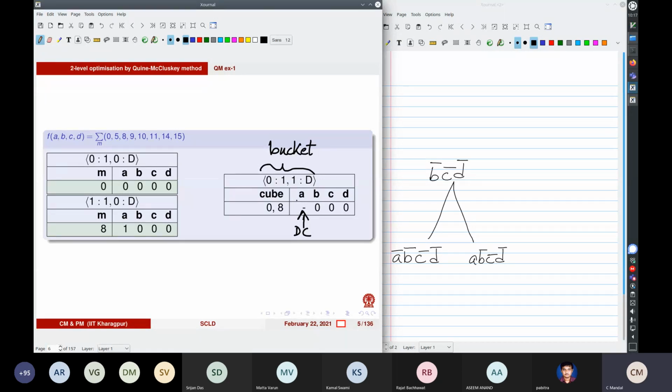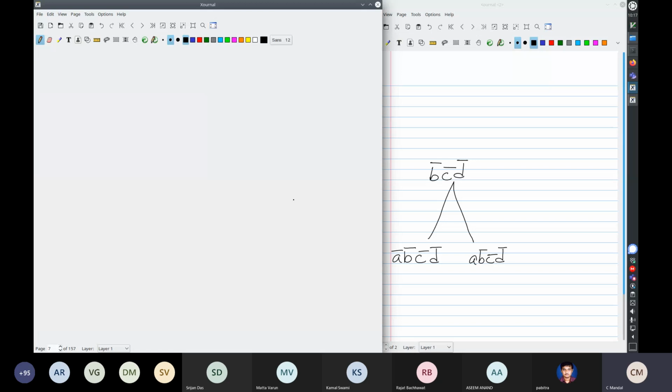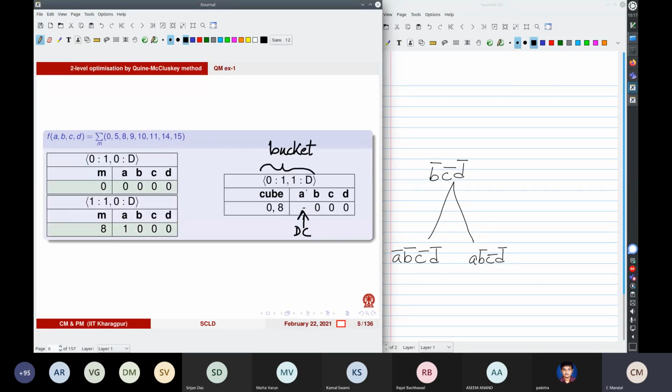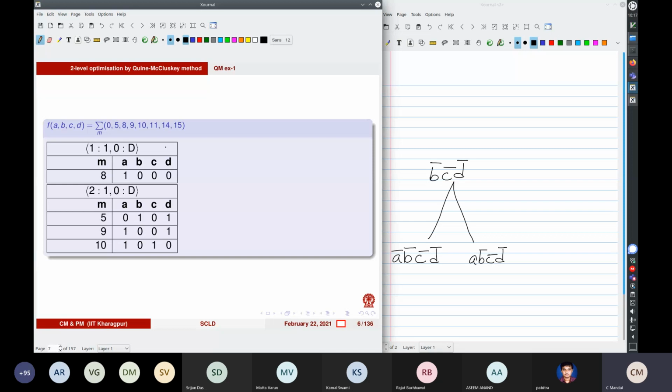So let us go on. Now, we are done. If you look at this, this is the only cube with 1 number of ones, so you can't have any more cubes adjacent to this cube, all zeros. Okay, so now we move on.